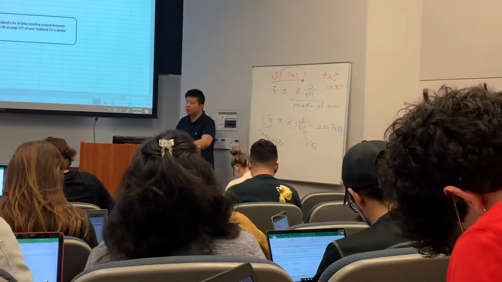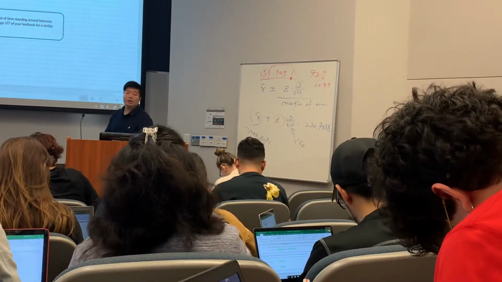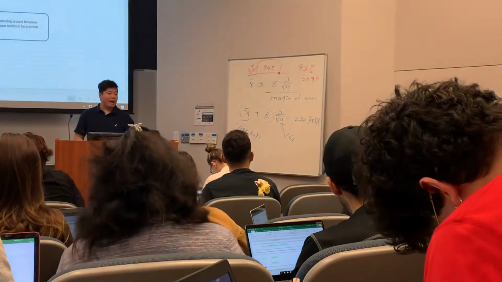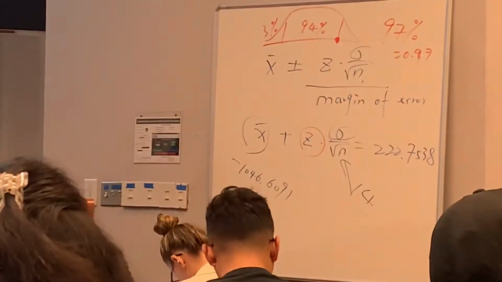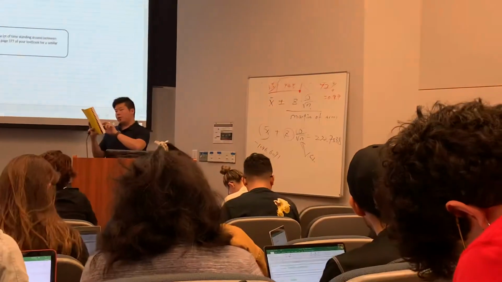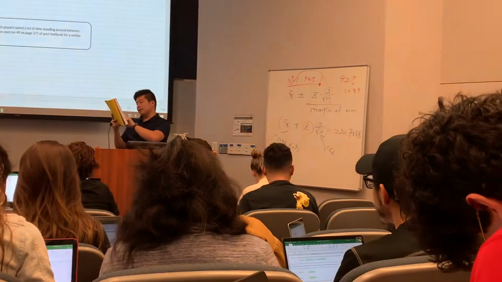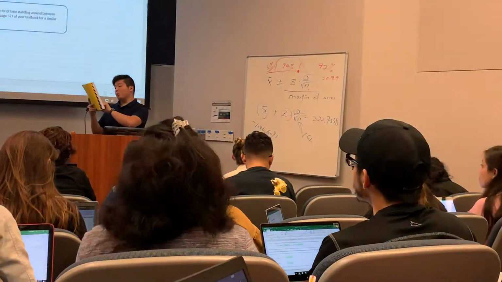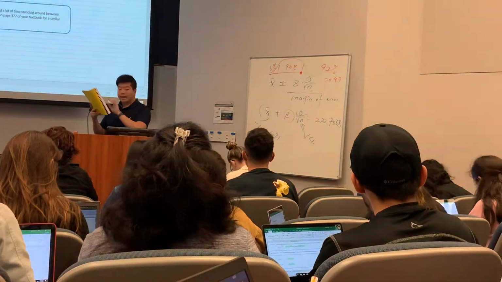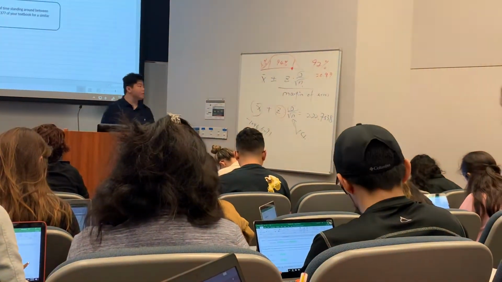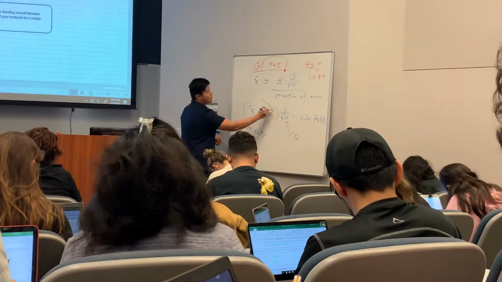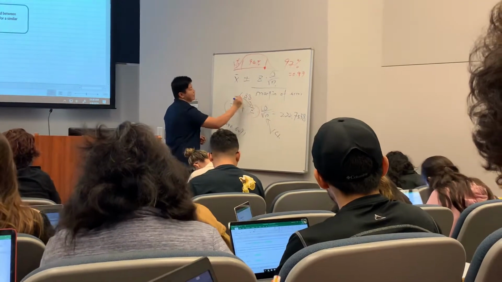Now what is the z-value that has a probability of 0.97? Looking it up, it is 1.88. My z-value is 1.88.